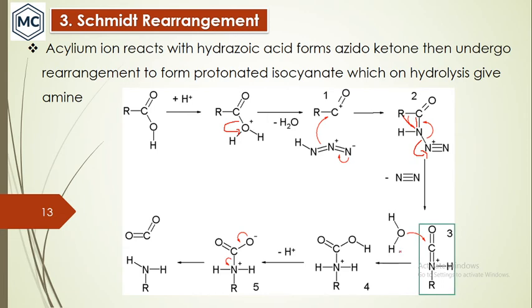And in the presence of water, this water can attack this carbon, this nucleophile. Finally it gets hydrolyzed, giving carbamic acid COOH. Then usually what happens, as in the previous case, is it forms amine.